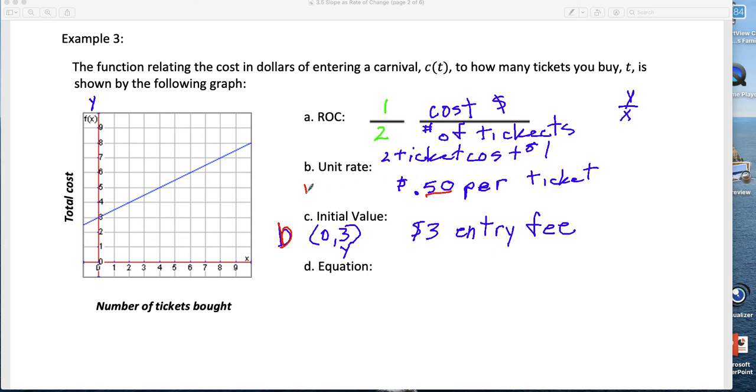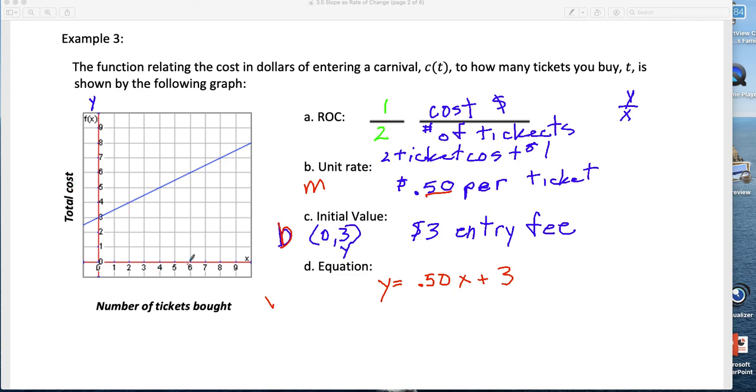That is M. So my equation is going to be y is equal to 0.50x plus 3. If I go into this carnival, I'm going to pay $3, and then I'm going to spend 50 cents per ticket. And if I had the number of tickets, I could substitute the number of tickets in, and it would tell me what my total cost is.